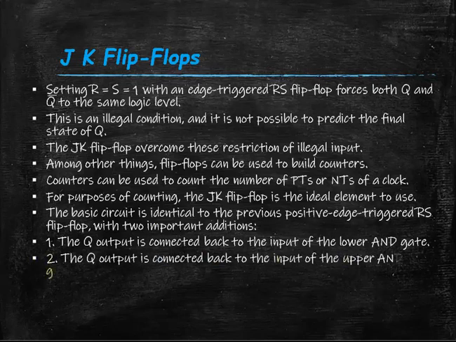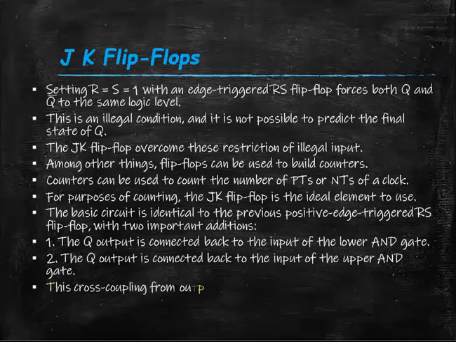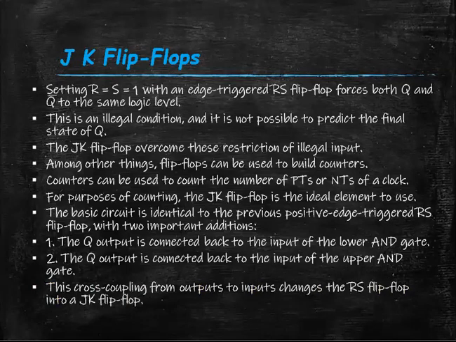That is, the Q output is connected back to the input of the lower AND gate, and the Q bar output is connected back to the input of the upper AND gate. This cross coupling from the output to input changes the RS flip-flop into a JK flip-flop.